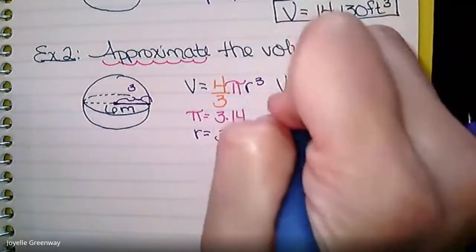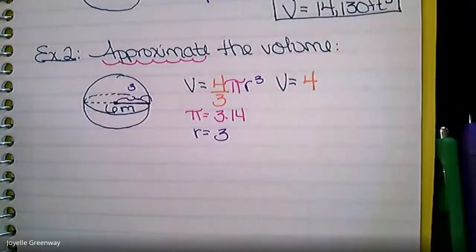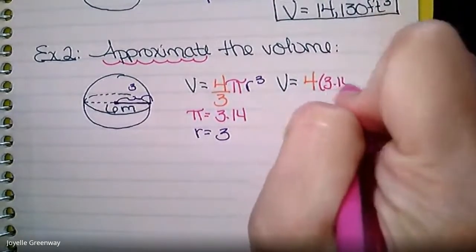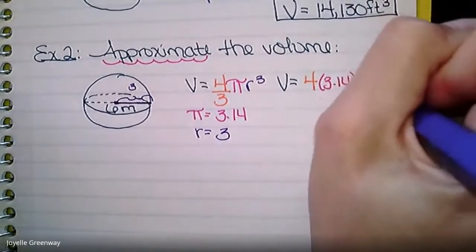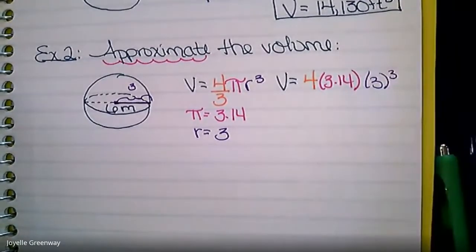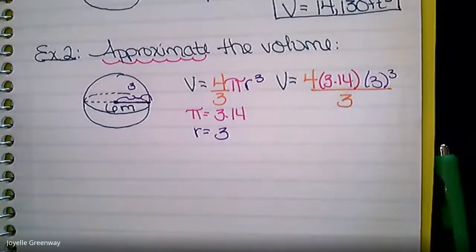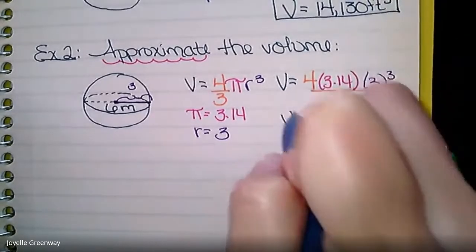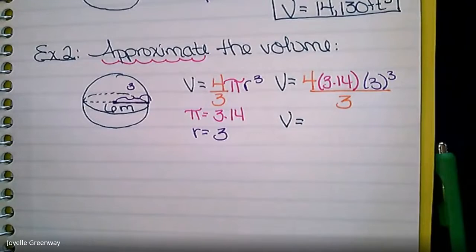All right, so now let's substitute what we know. So 4 times 3.14 times my radius, which is 3 cubed, divided by 3. So I'm going to take care of that radius first. So 3 cubed is 3 times 3 times 3. So 3 times 3 is 9. 9 times 3 is 27.